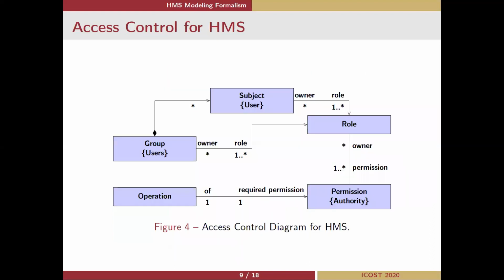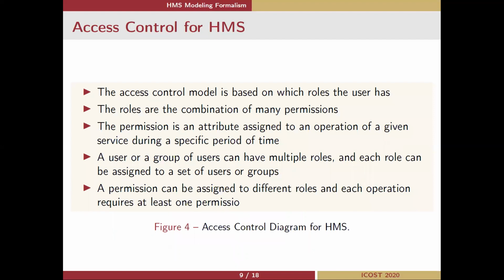To enforce the security and the authorization process, an access control diagram is proposed, based on which role the user has and explicit by a combination of permissions that are attributes assigned to each operation. So a user or a group of users can have multiple roles and permissions.